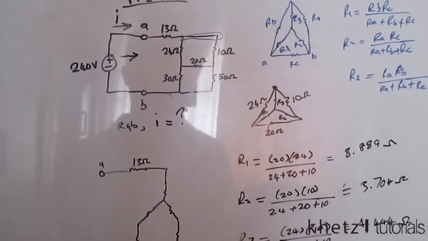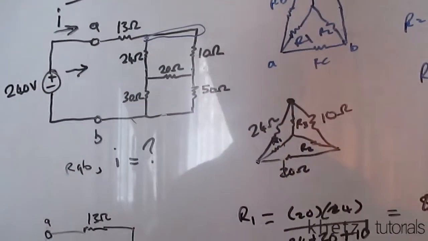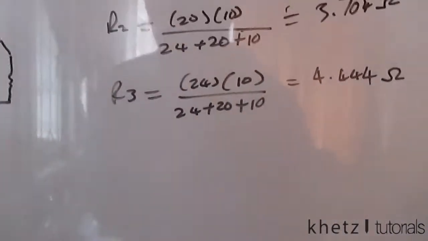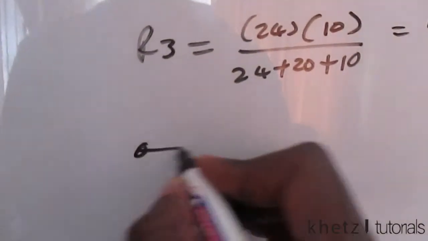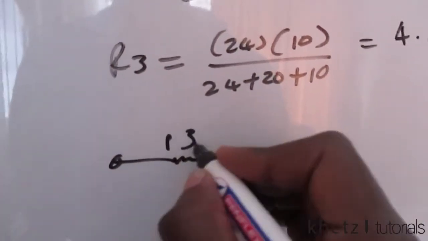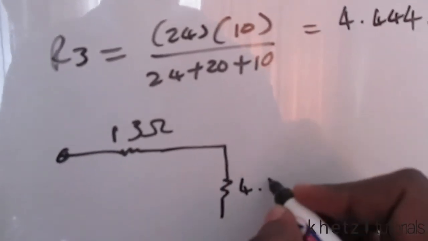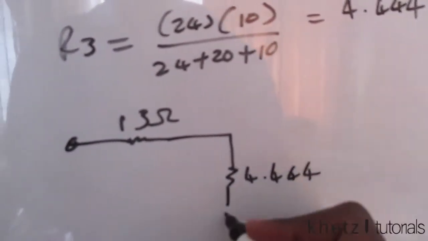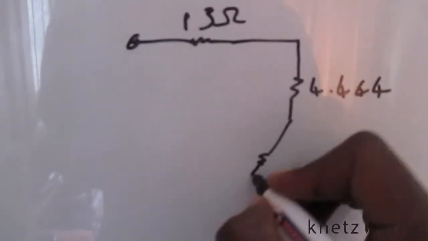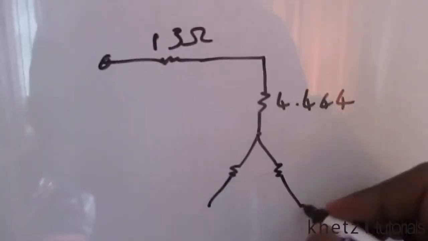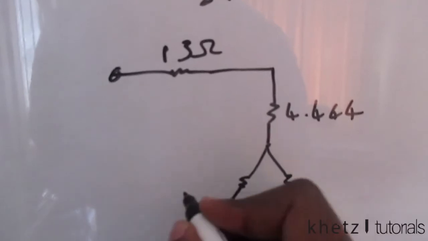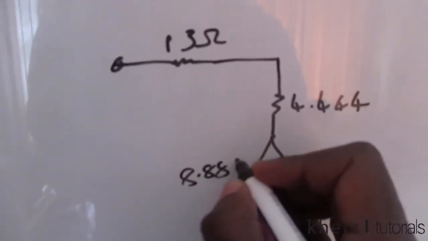So let's redraw the new circuit with the new Y network. This is what we have. We still have the 13, we haven't done anything to that. Now here, R3 we found to be 4.444. Here we have R1, which we found to be 8.889.